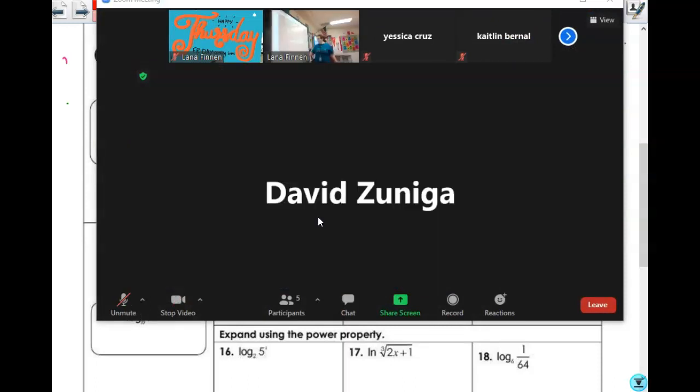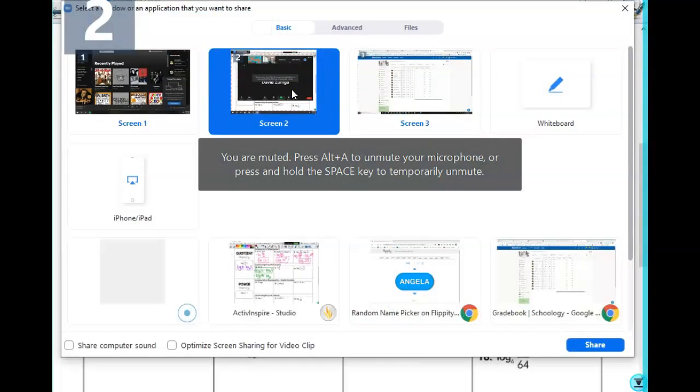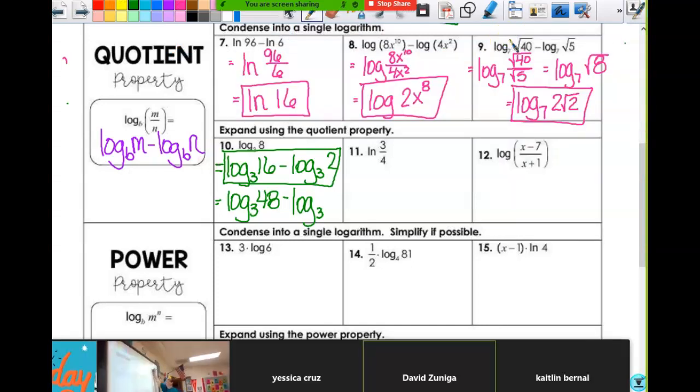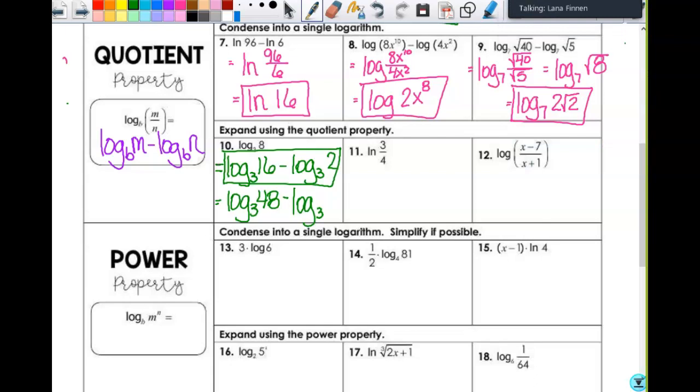Oh, what's happening here? Your Zoom crashed. My Zoom crashed. All right. I hate when this happens. I don't know how to get rid of it. There we go. Okay. Am I back? Can y'all see that? Hi.